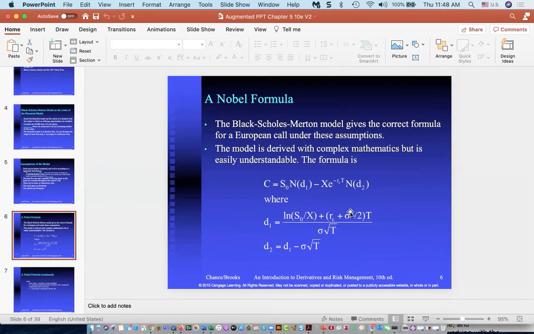Let me ask you a question here. Suppose N(d1) and N(d2) are equal to 1. What do you think will happen in here?